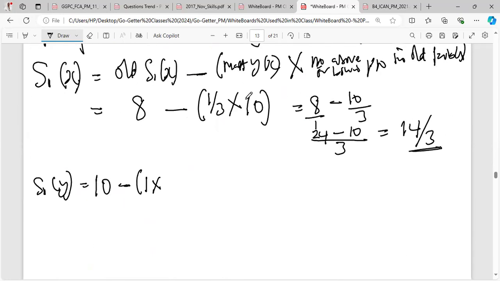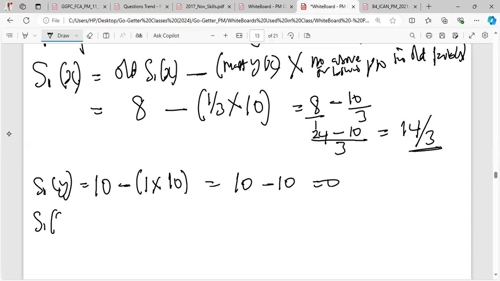This particular 10 will be common for this line S1Y, S1, and in all of them, so we will not be going back and forth looking at it. So this is going to be 10 minus 1 times 10. That gives you 0.